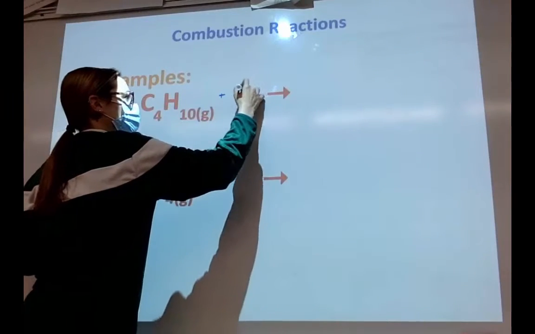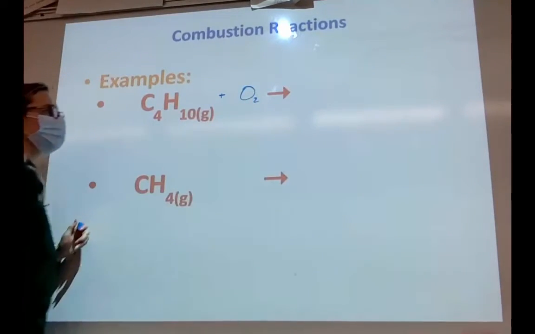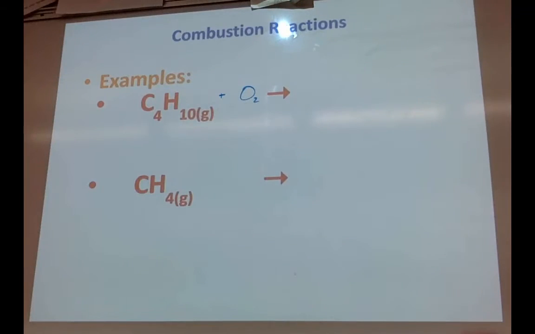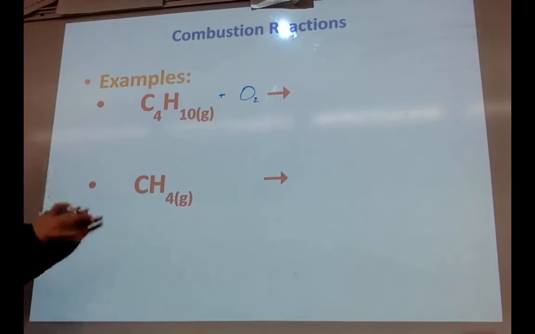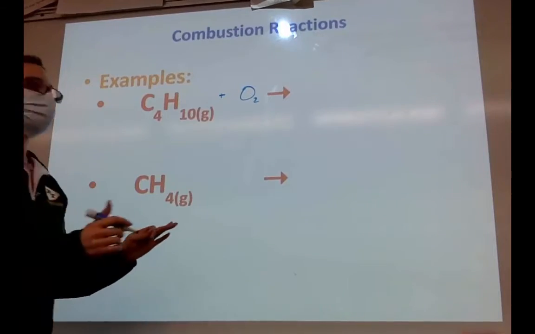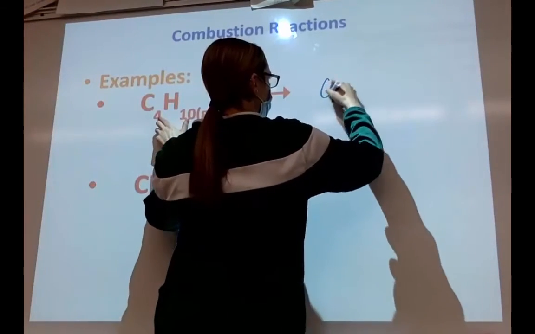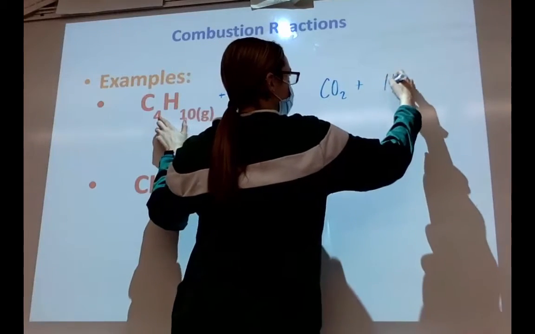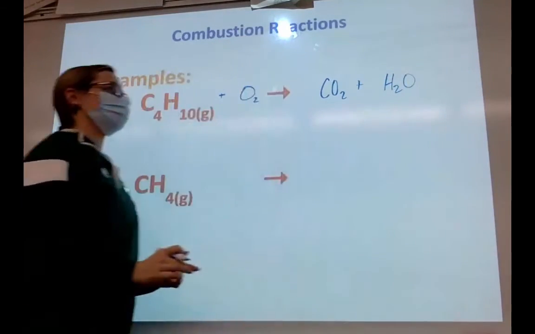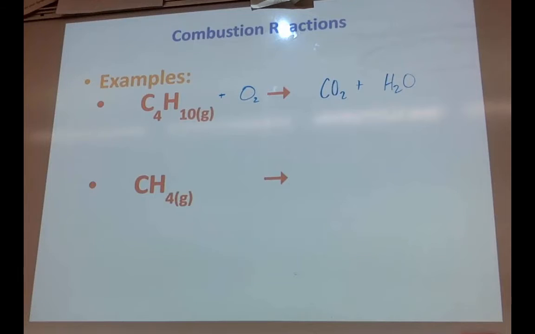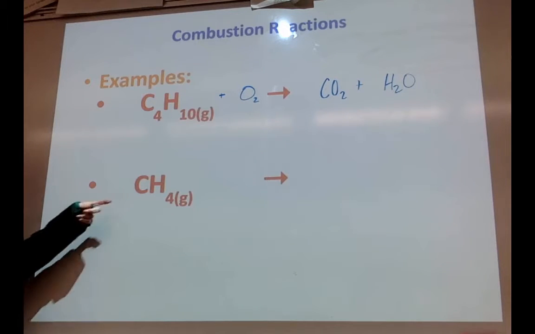You always need to add plus O2. And then your products for any combustion reaction, it does not matter what your C and your H are over here, are always CO2 and H2O.